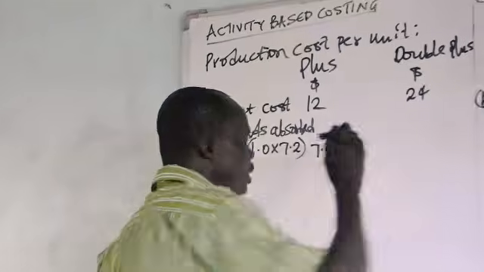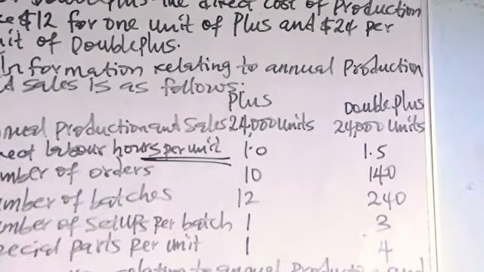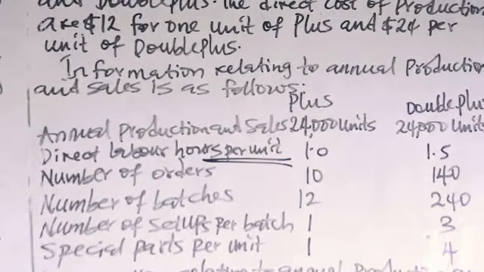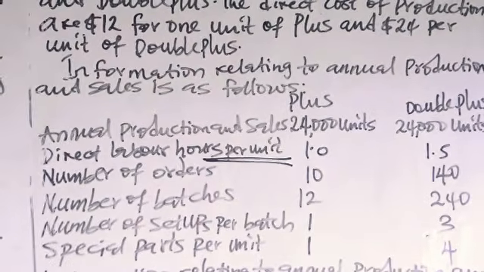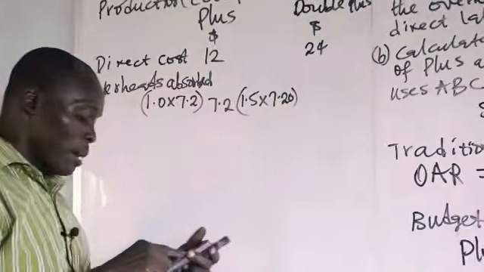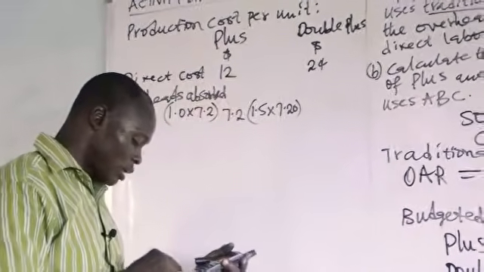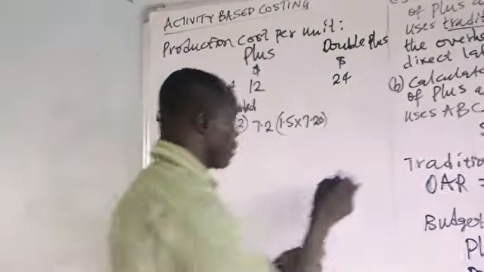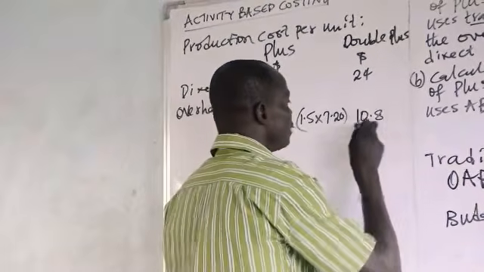For double plus, how many hours will be required for a unit? 1.5 hours. You have 1.5 times the rate, which is 7.2, and that will give us 10.8.